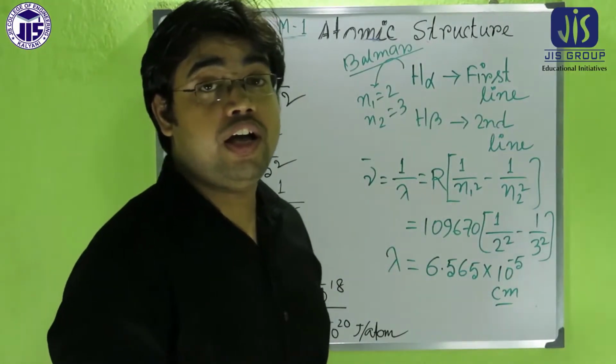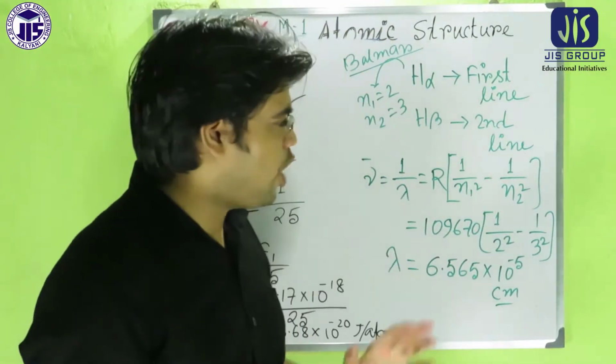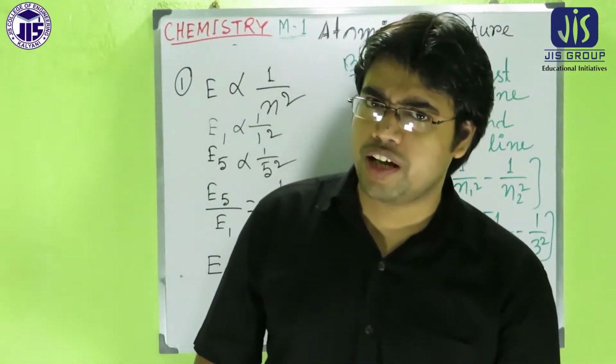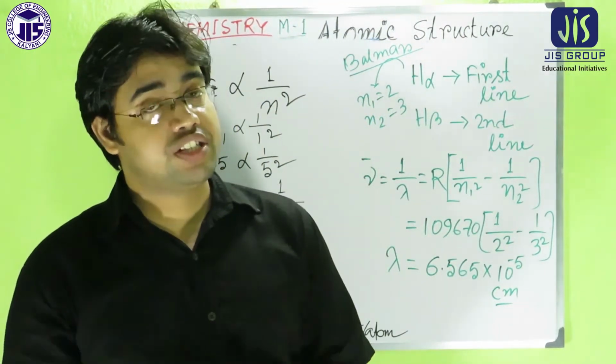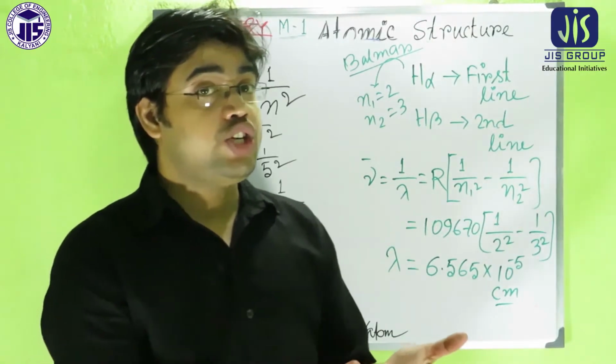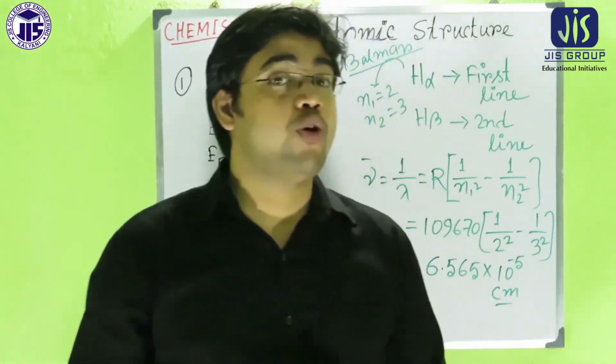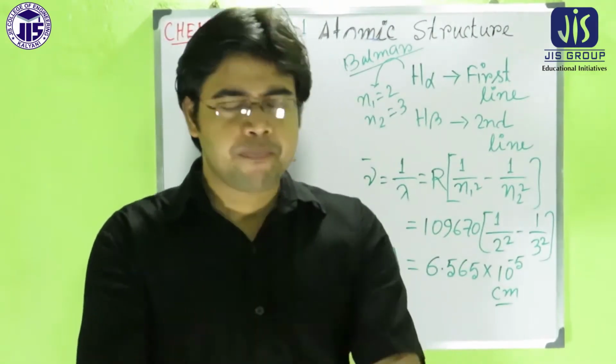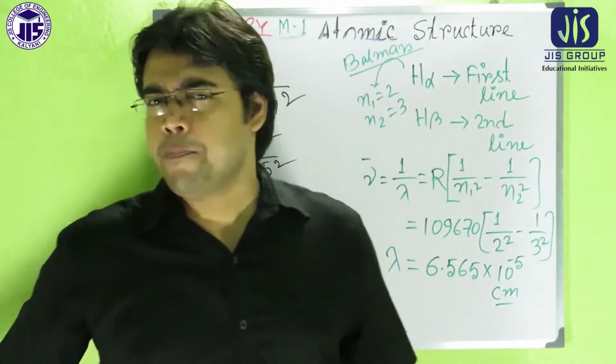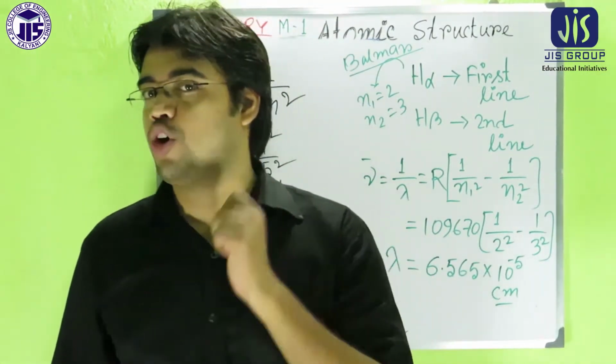Now we'll discuss the solution of the problem. In the first problem, look, the energy of the first Bohr orbit is given, and we have to calculate the energy of the fifth Bohr orbit.